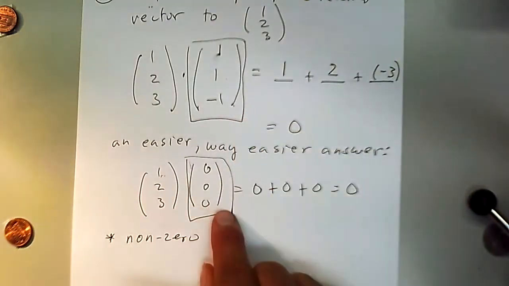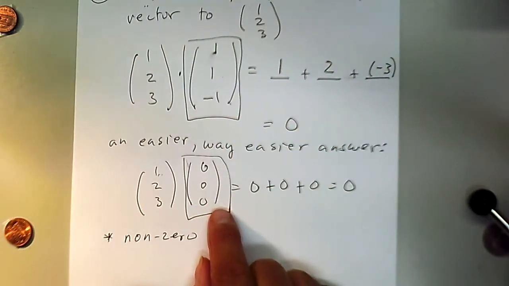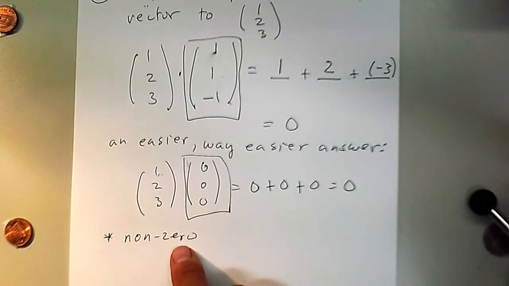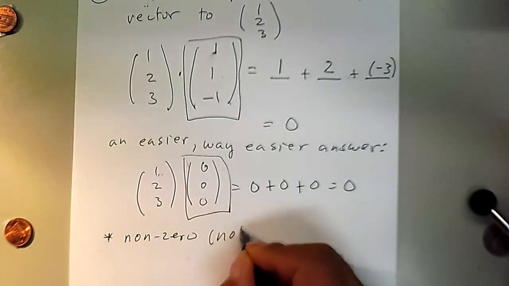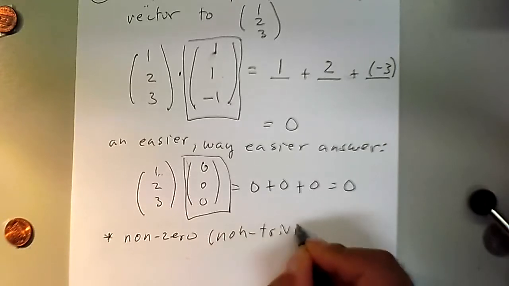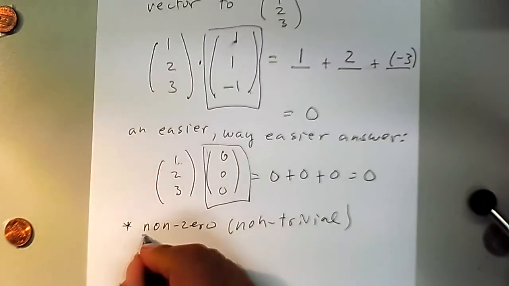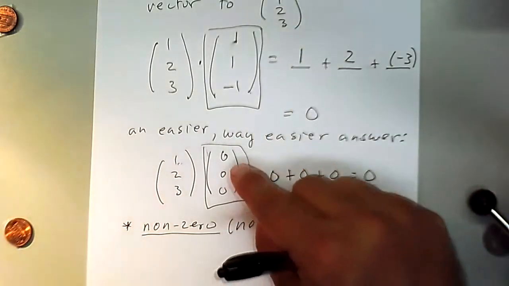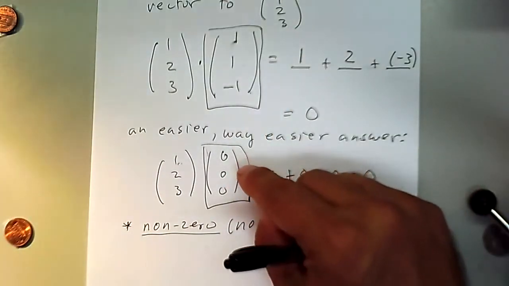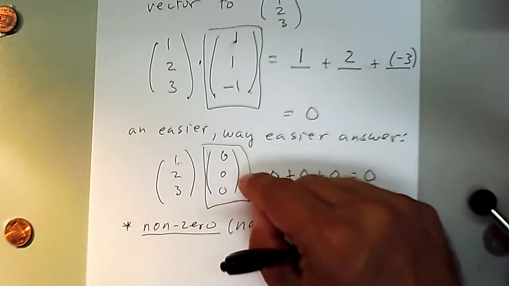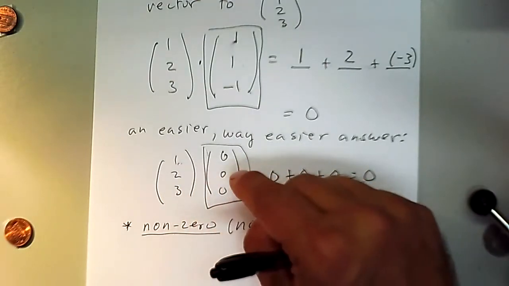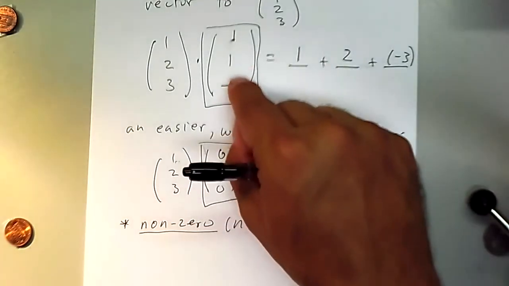Even though the zero vector is perpendicular, because we're asking for a non-zero vector, or non-trivial, sometimes we call it non-trivial, but non-zero is the correct word we will use most of the time. So if we want a non-zero vector perpendicular to 1, 2, 3, then this would not be acceptable. You have to do something like that.